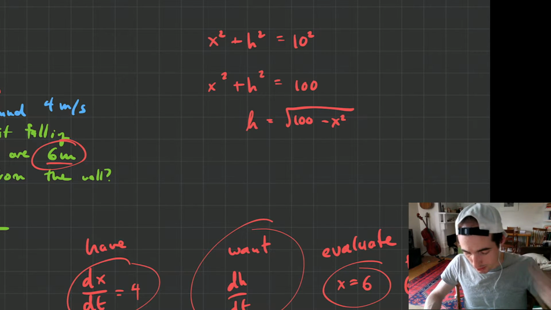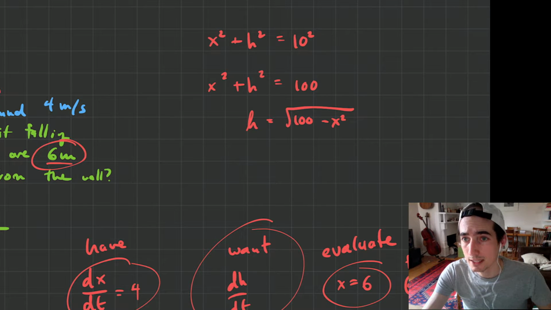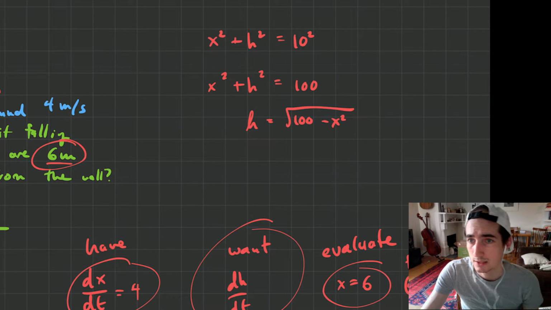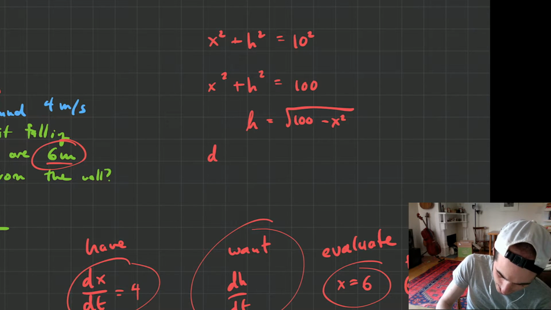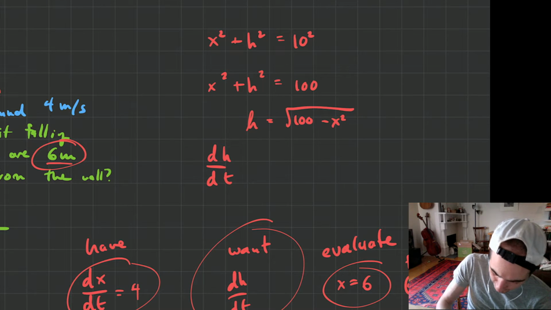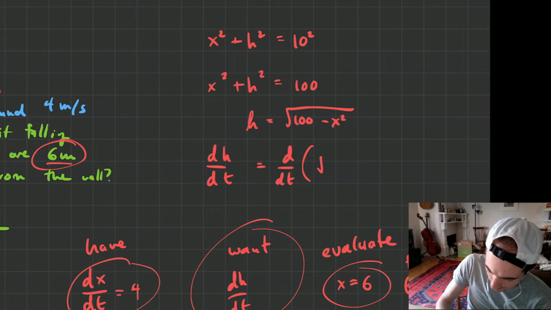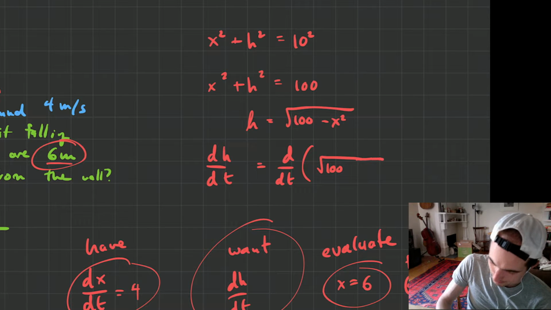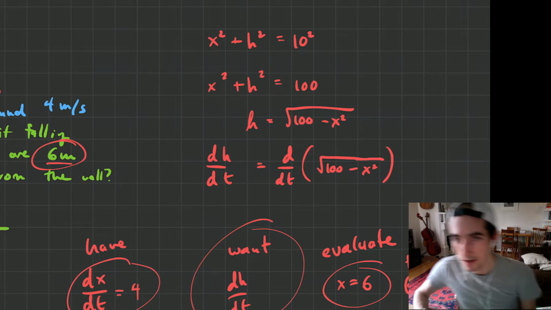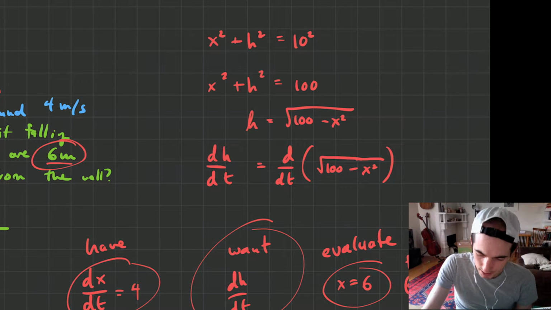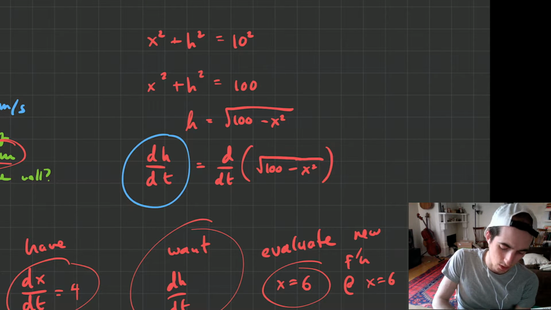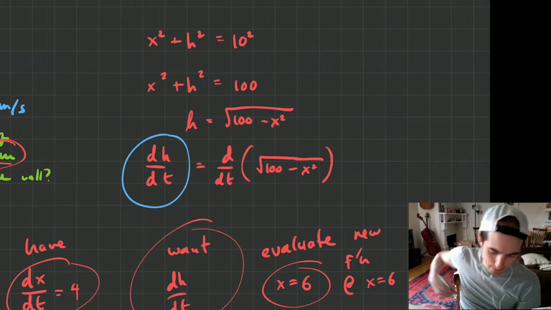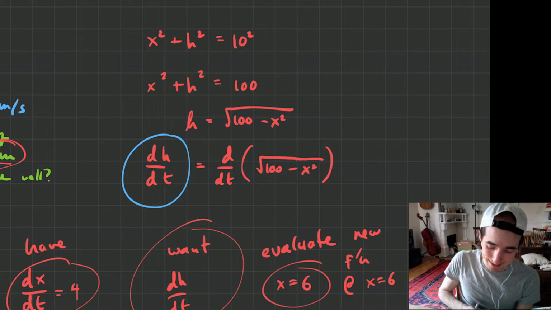So let's take the derivative of both sides. dh by dt equals d by dt of the square root of 100 minus x squared. One thing to keep in mind is that dh by dt is totally fine to calculate, because that's what we want. We're going to leave that as is.